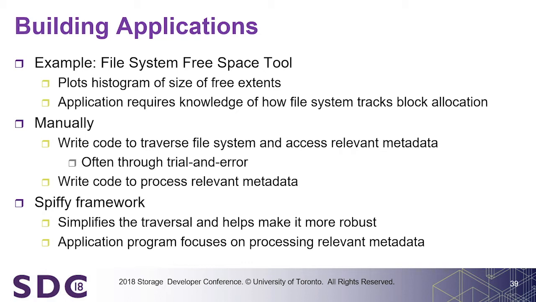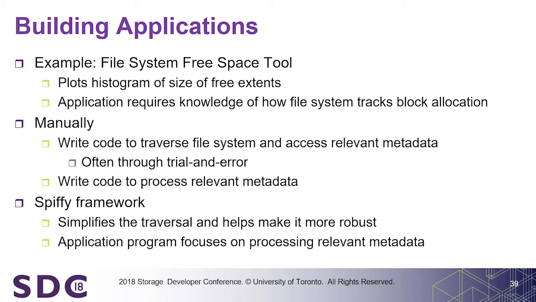We now show an example of building a file system aware application, a free space display tool that plots a histogram of the sizes of free extents available in the file system image. For this application, we require knowledge of how file systems keep track of block allocation information.